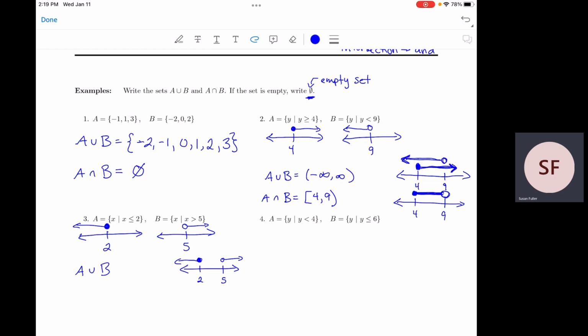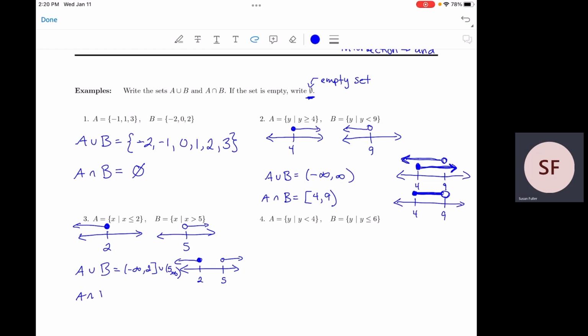So these two don't overlap at all. So my union is actually just going to be negative infinity to 2, union 5 to infinity. Sorry, I didn't leave myself enough room there, so that's hard to read. But negative infinity to 2, closed bracket, union, parenthesis, 5 to infinity. So you just write both of those together as a union.